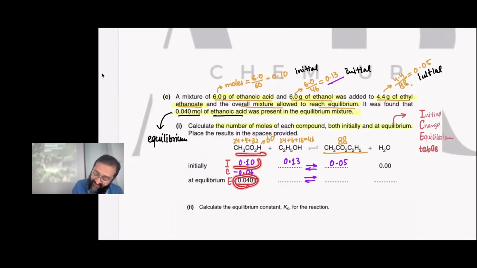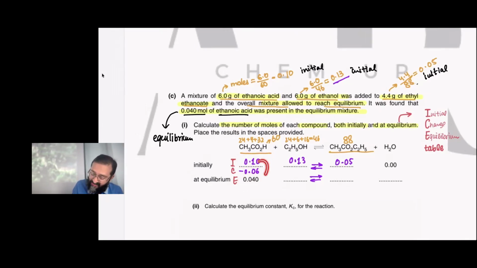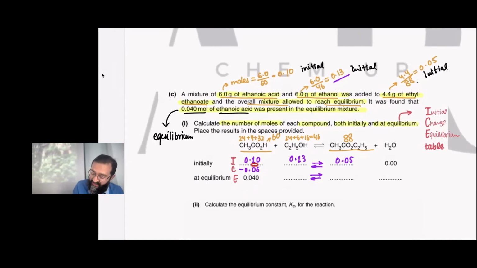But when they are mixed, it's 0.1. So how much of this has been used up? If you subtract it from this, you will get the amount which has been used: 0.06. It's 0.1 and it is 0.04. So this is the amount of ethanoic acid which has been used. That's why I put the negative sign over here, which indicates that this is the amount which actually turned into the product. Is this clear to all of you?